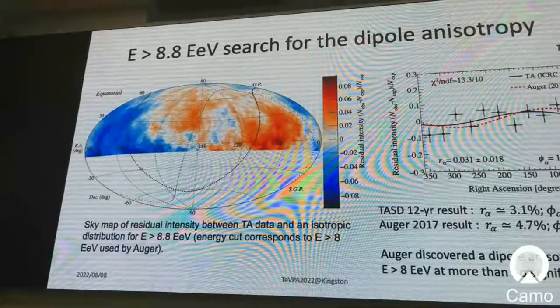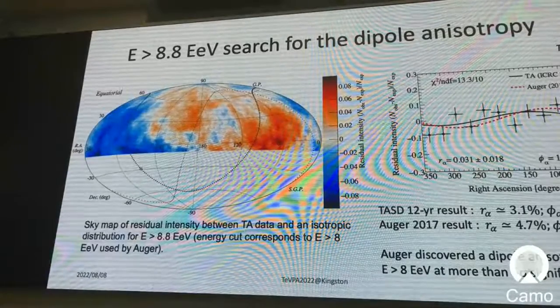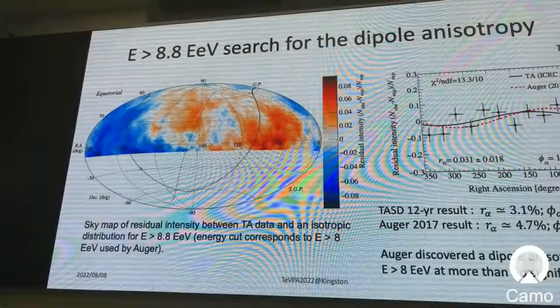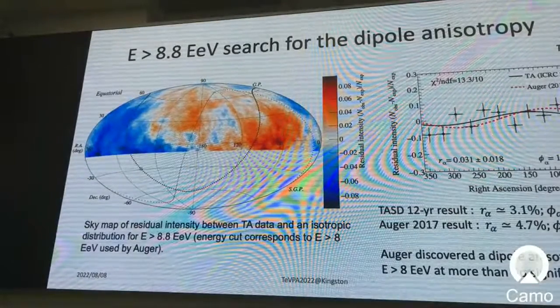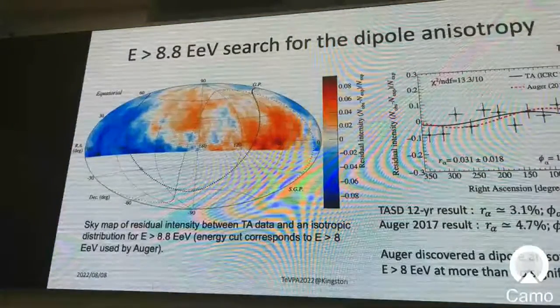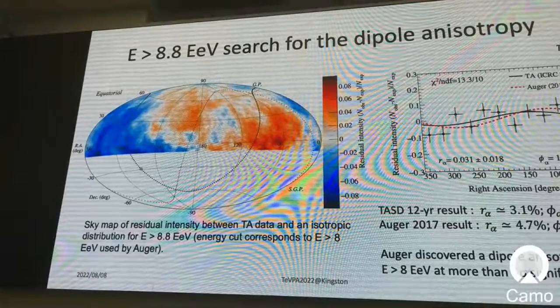And this is our result so far. The result is not significant yet, but it is compatible with Auger results so far.